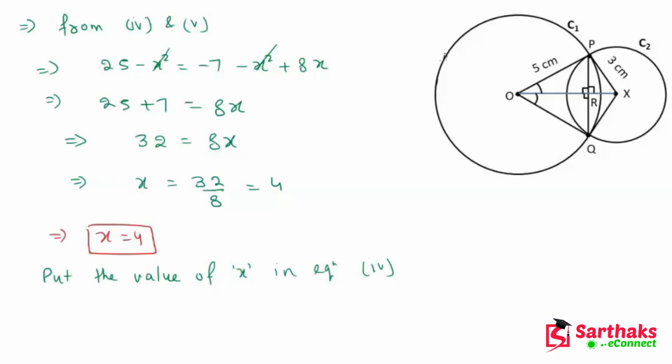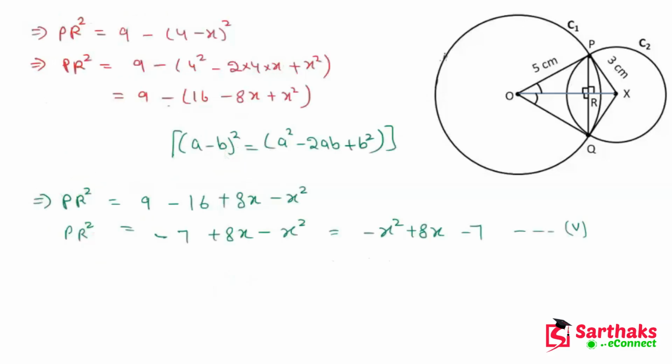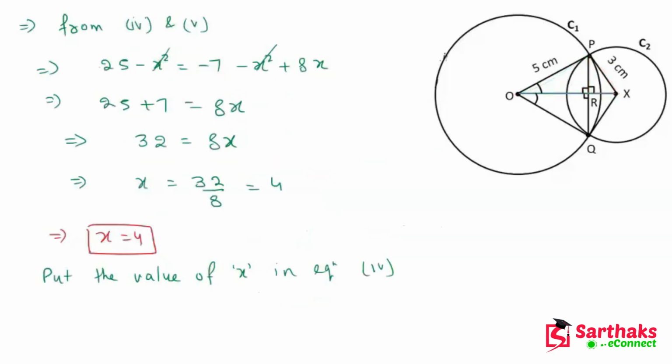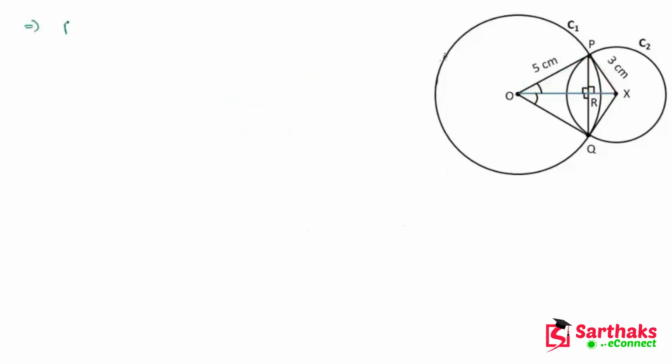Okay, so we know the fourth equation is PR square is equal to 25 minus x square. We know that. So we get 25 minus, we have x as 4, so this is 4 square. So 25 minus 4 square, which is 16, we get 9. Okay.